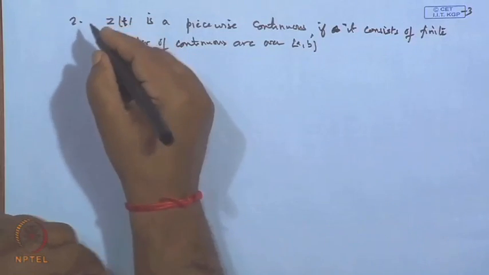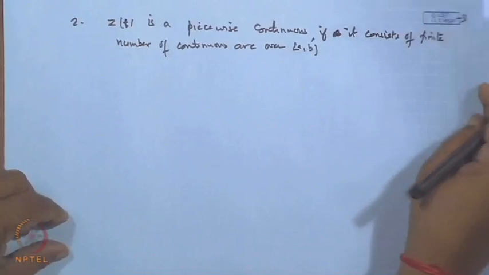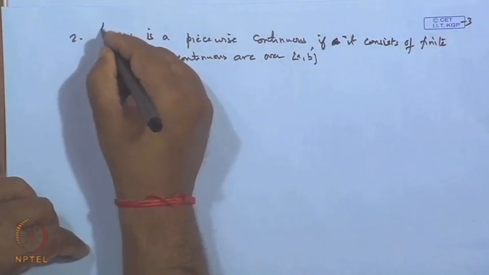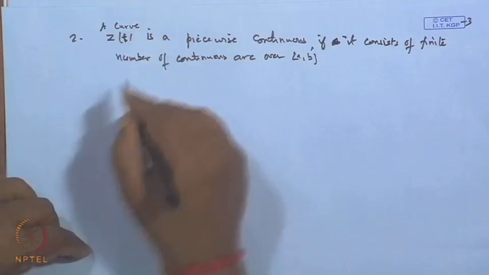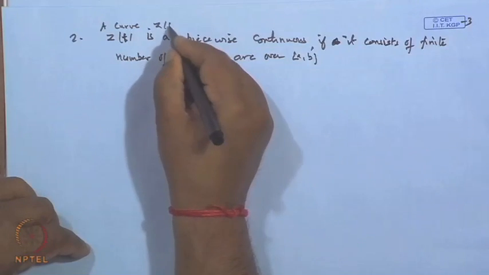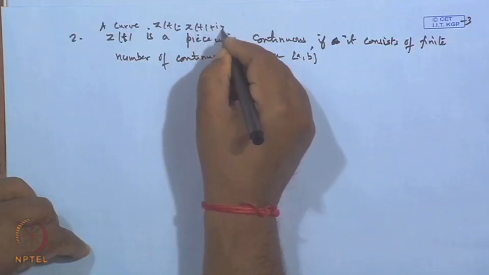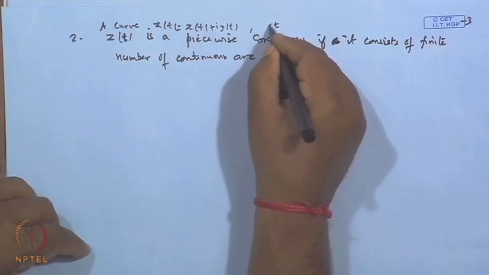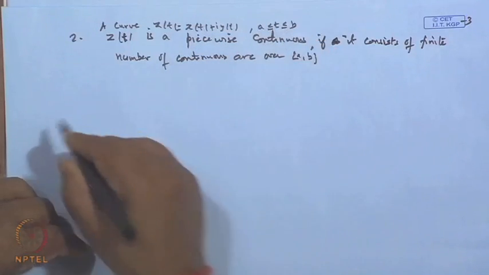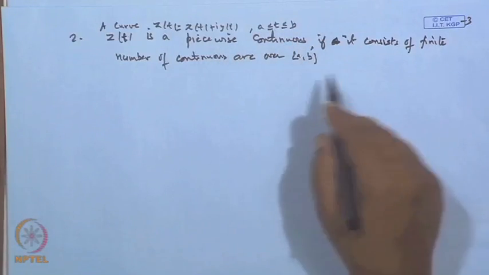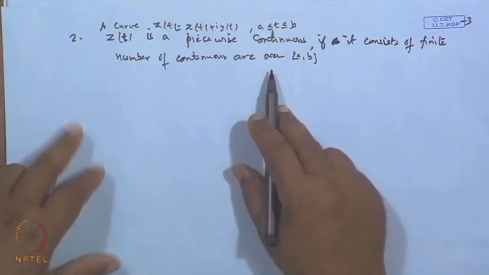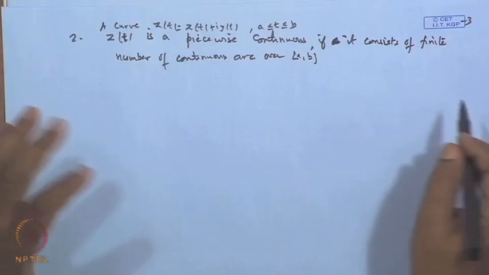That is, a curve z(t) represented by x(t) plus i y(t), t ranges from a to b, is said to be a piecewise continuous curve if it consists of a finite number of continuous arcs over the interval.